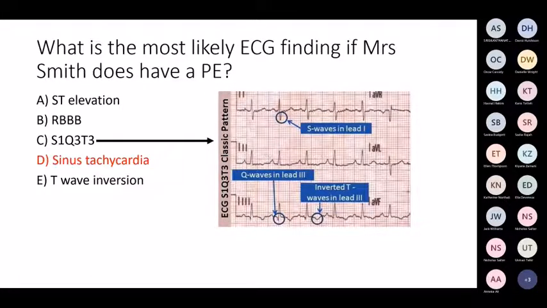So you have S waves in lead 1, Q waves in lead 3, and then inverted T waves in lead 3 as well. But it's not something where you look at the ECG, and if they don't have it, it's not a PE. I think less than 20% of people with PEs will actually show this pattern on their ECG, whereas sinus tachycardia is a lot higher. I think it's around 50% of them will have just sinus tachycardia.